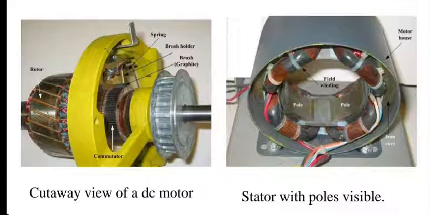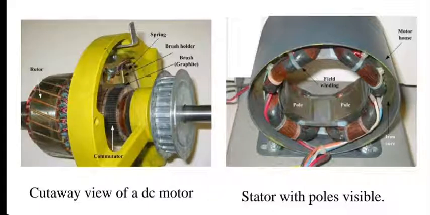The number of magnetic poles has to be even. And then the flux produced between north and south poles is cut by a large number of rotating conductors which are housed on the rotor, which is placed in the middle of the stator.